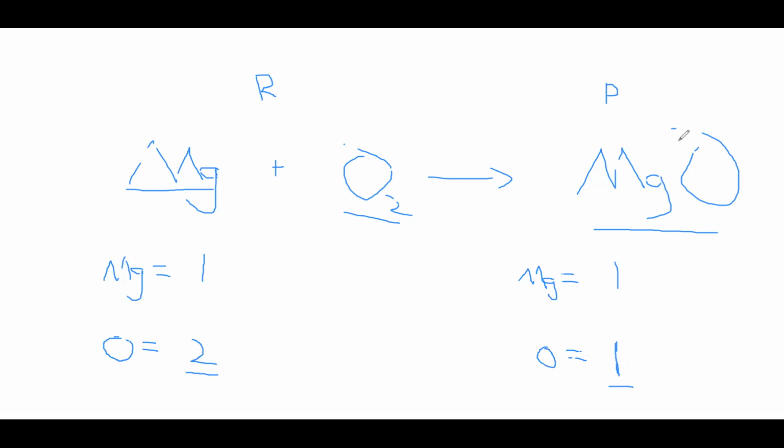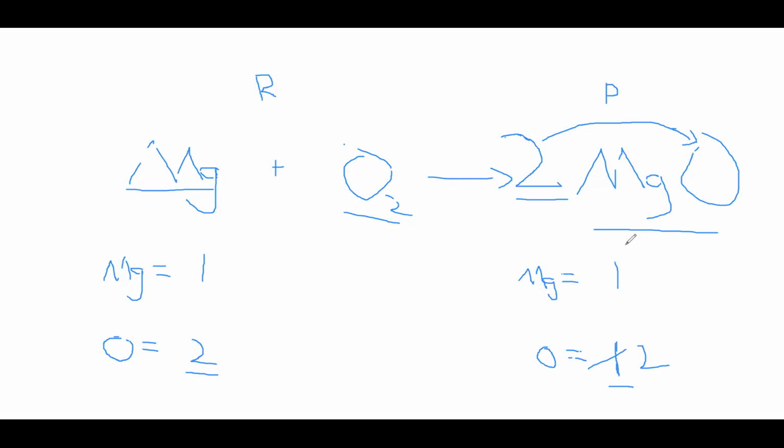So I can change the coefficient of MgO over here to be a 2. So that's our coefficient. So now, success. We have 2 O's on the product side, right? The 2 goes to each one of these atoms when we're doing our counting.